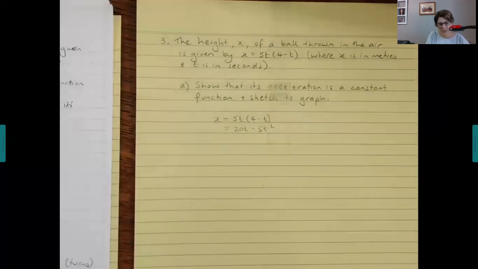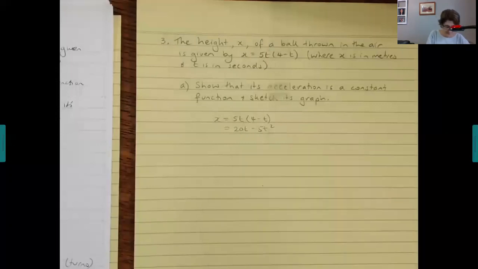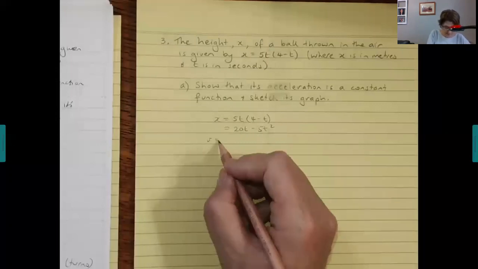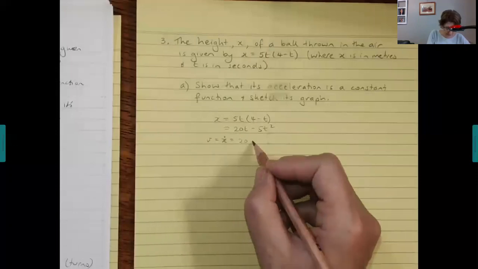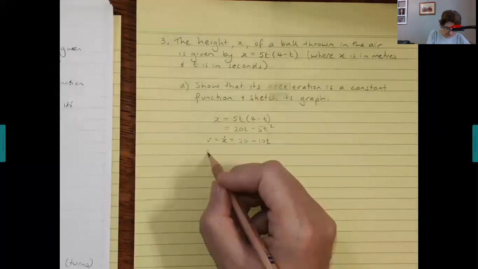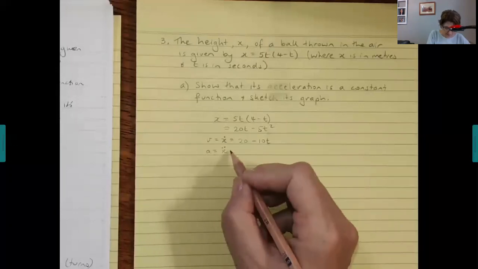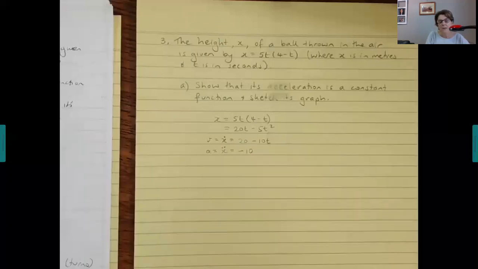So please try, the only time you're going to have to use the product rule is if this was some power up here as well. Okay, so now if we look at velocity, which is the first derivative, I get 20 minus 10t, and the acceleration, we get x double dot is just going to be minus 10. So we've found the acceleration.